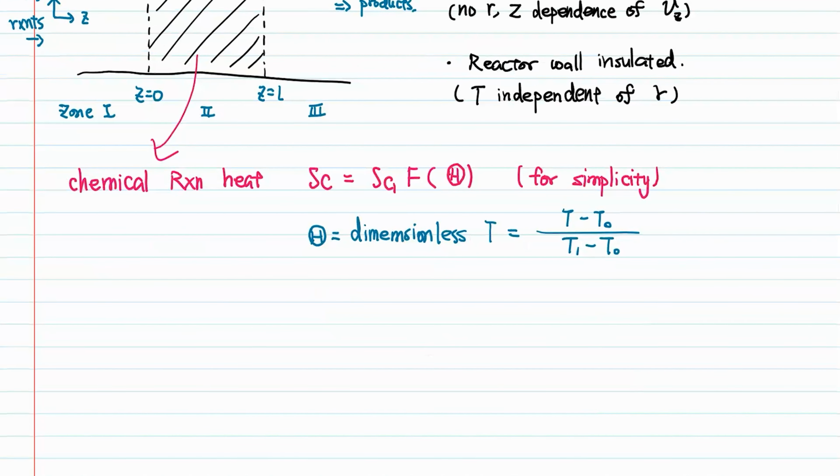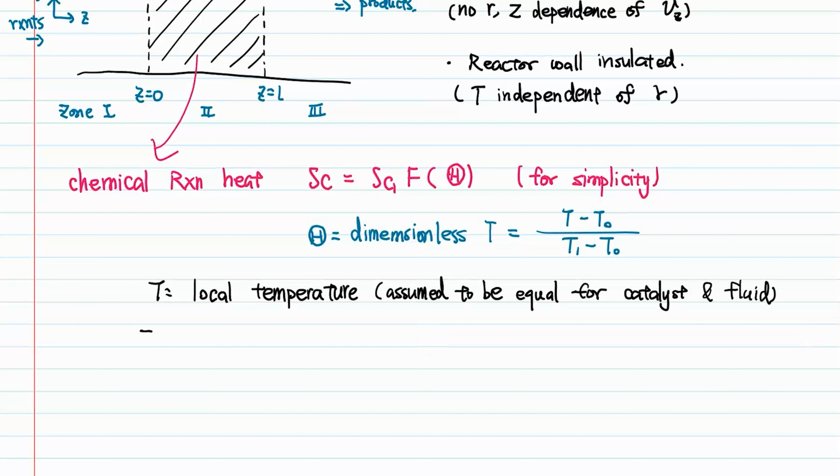And what are T0, T1, and T? Here, T is the local temperature, which is assumed to be equal for catalyst and fluid. And we have T0 and S_C1.